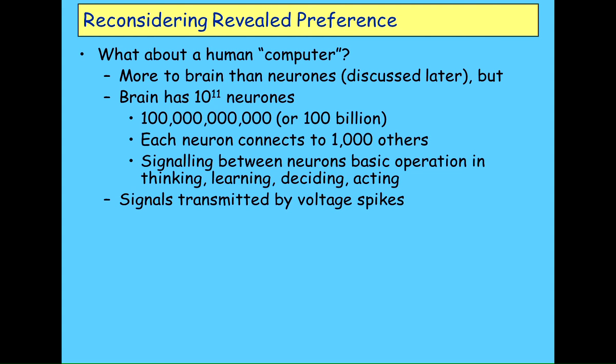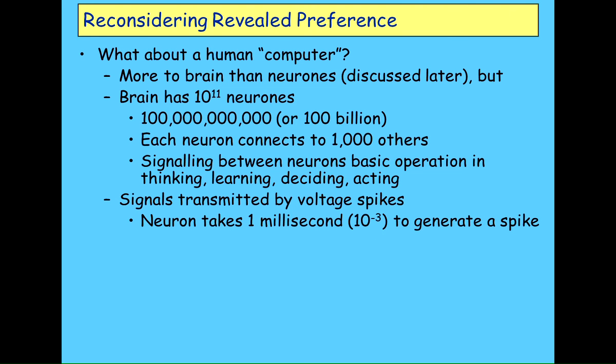And those signals are transferred by voltage spikes, which are actually communicated by pumping, I think is it a potassium ion? Yes. A potassium ion which carries a positive charge physically along a dendrite into the neural part of the neuron, and then out along an axon.